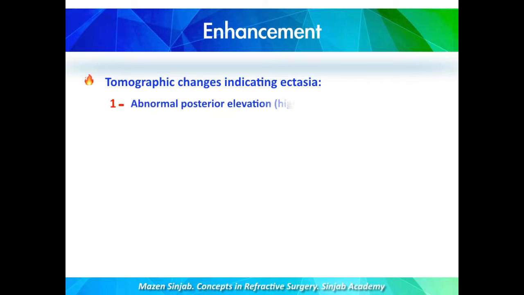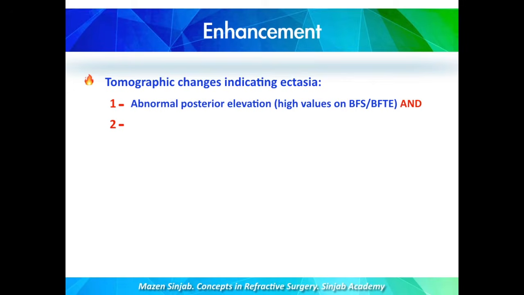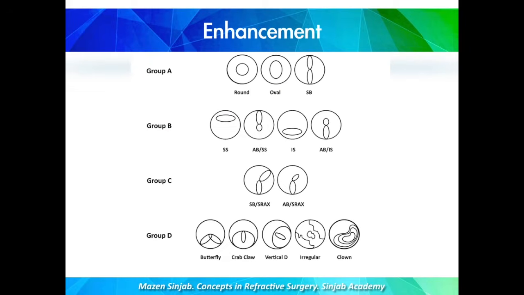The first one is abnormal posterior elevation, where we find high values on best fit sphere and/or best fit toric ellipsoid. In addition, we have to find abnormal anterior curvature in group B, C, and D, as we will see now.